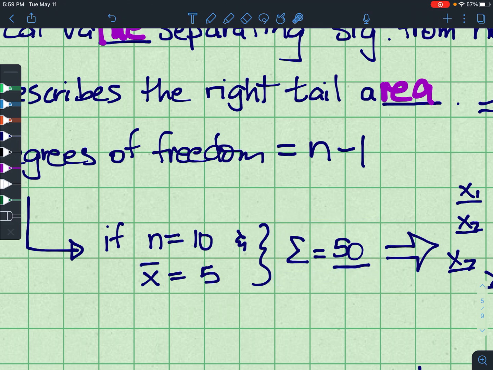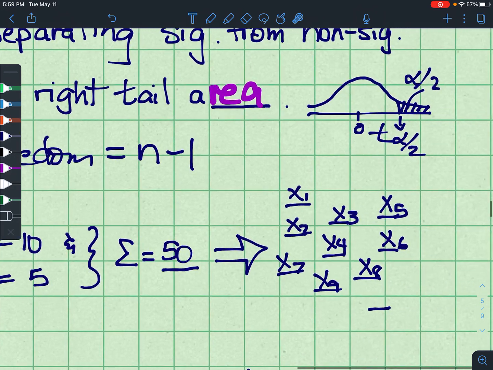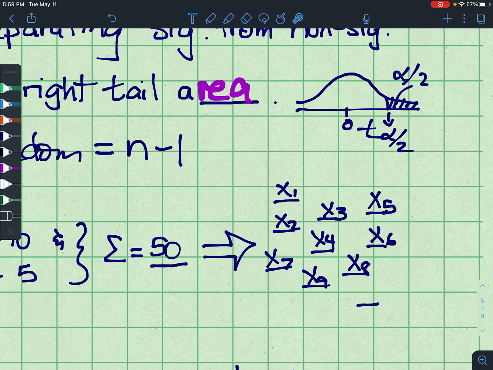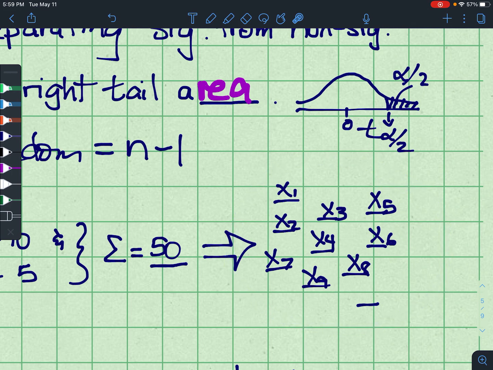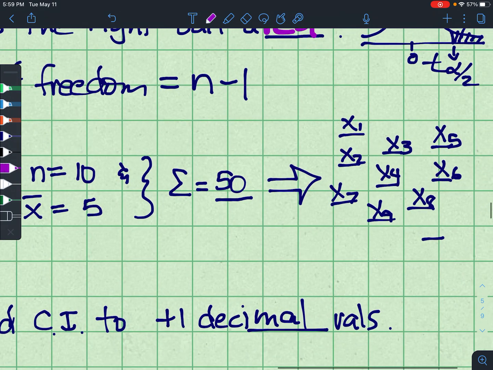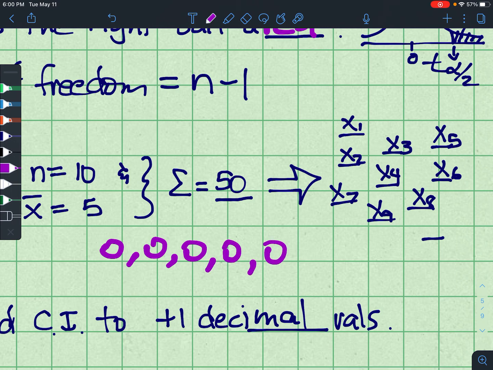The way this is explained in the textbook, and I think it makes good sense: if you have 10 items in this list, no matter what 9 of them are, let's say for some crazy reason they're all 0, then the 10th one is not free, because I have to get a sum of 50.